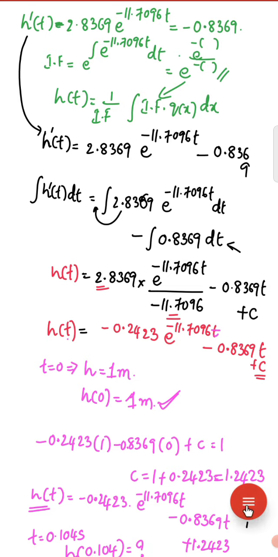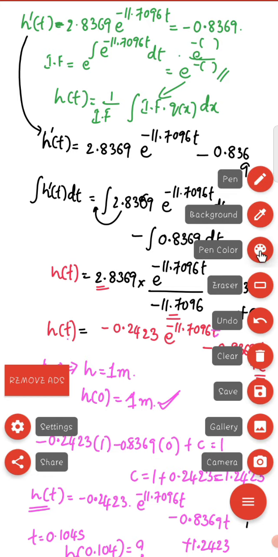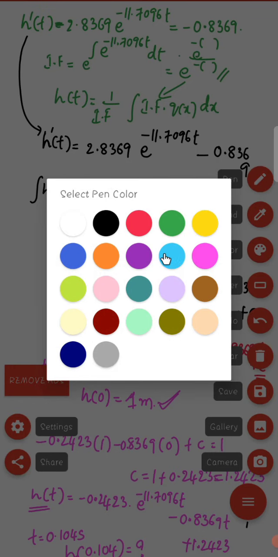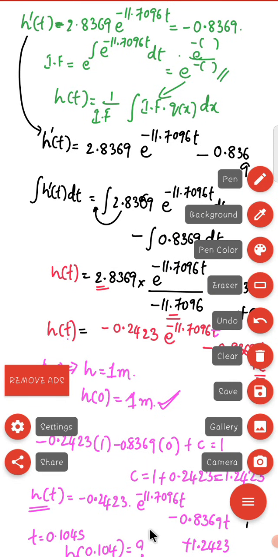I will give you the answer: it is approximately equal to 1.0836 meters.